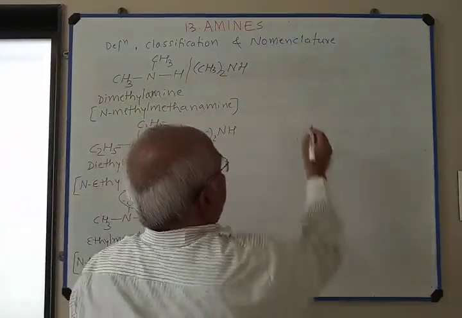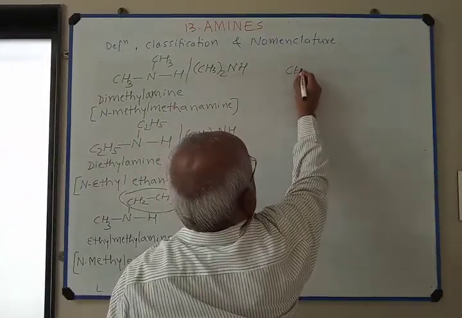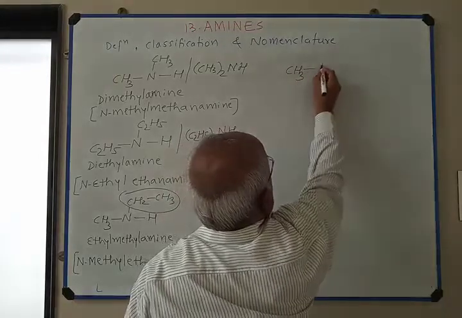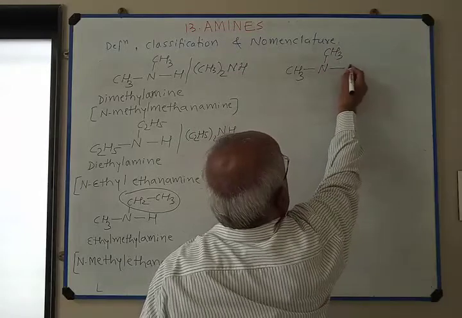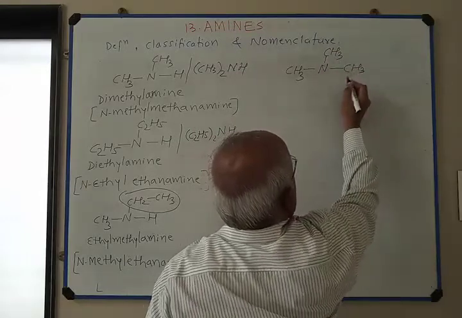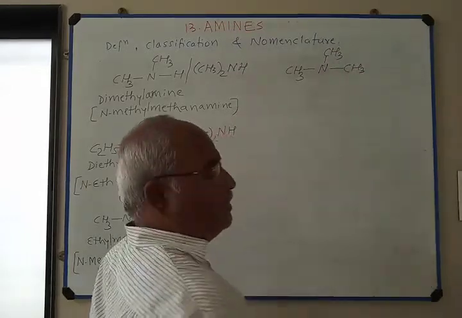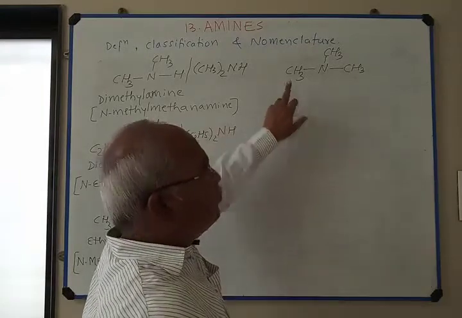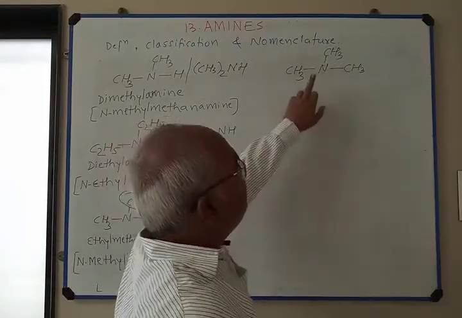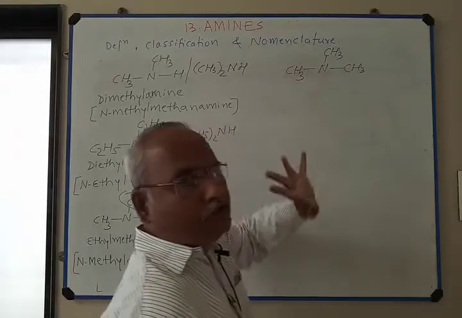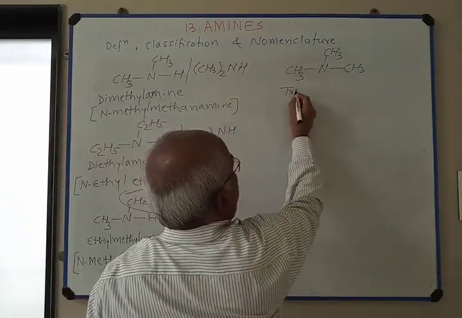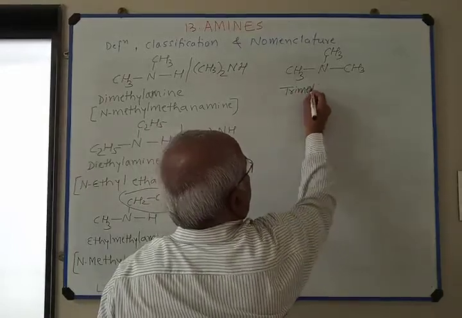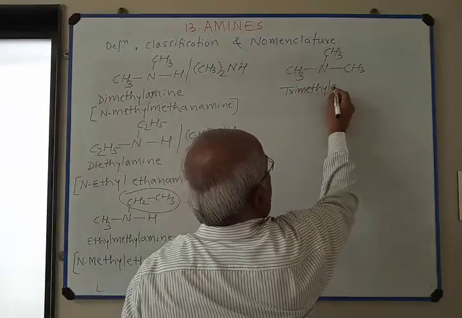Look here, CH3 single bond N, single bond CH3, single bond CH3. There are three methyl groups. It contains tertiary nitrogen as functional group. Therefore, the name of the compound is trimethylamine.